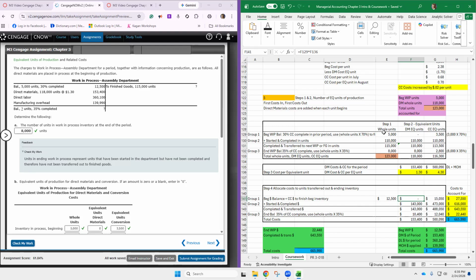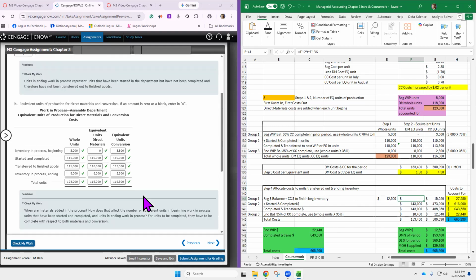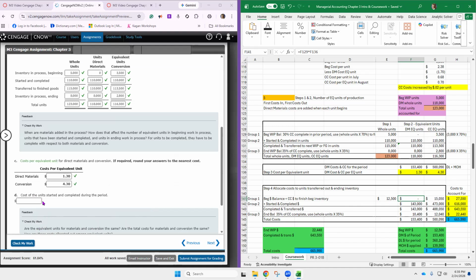So you've got to use 70% to finish. Okay, cost of the units started and completed during the period. So cost of the units started and completed, here we go. This is 110,000 units times a cost of $1.30.